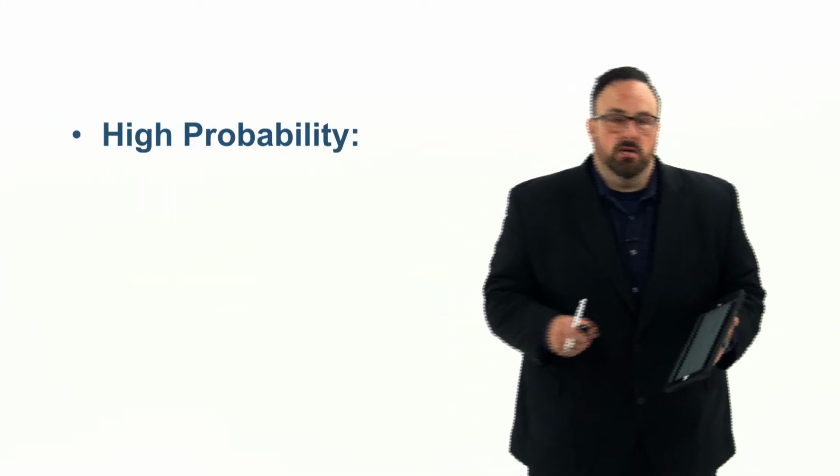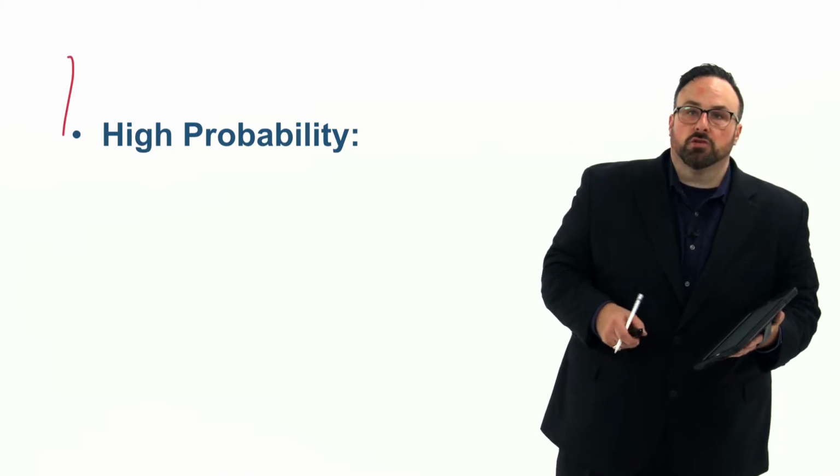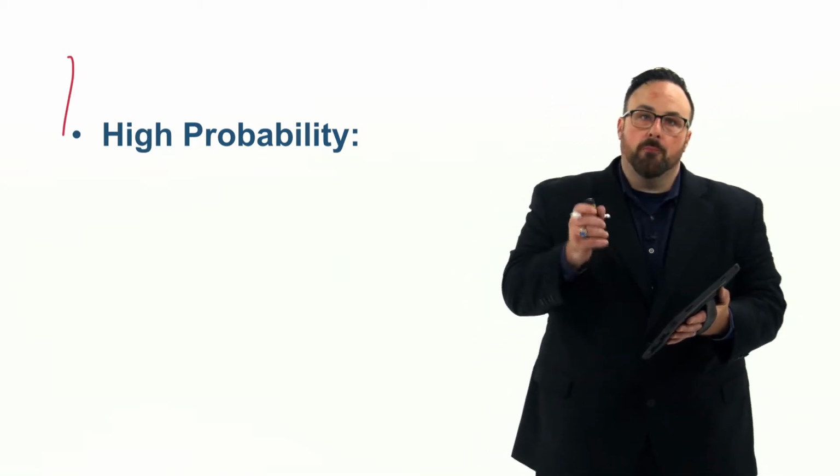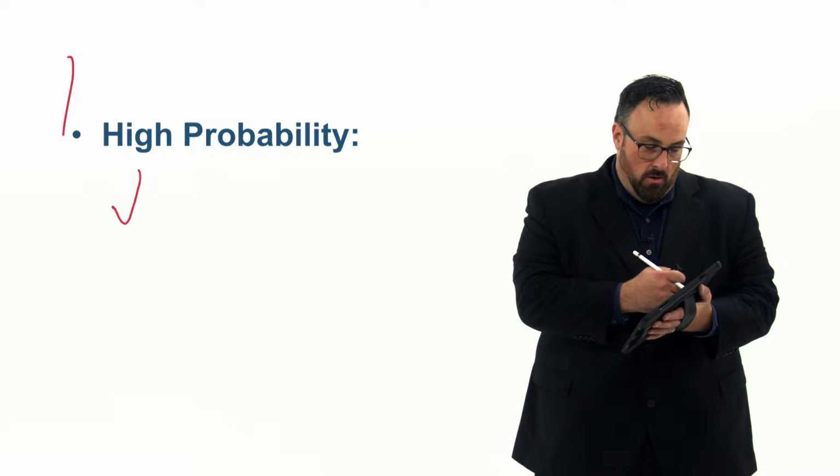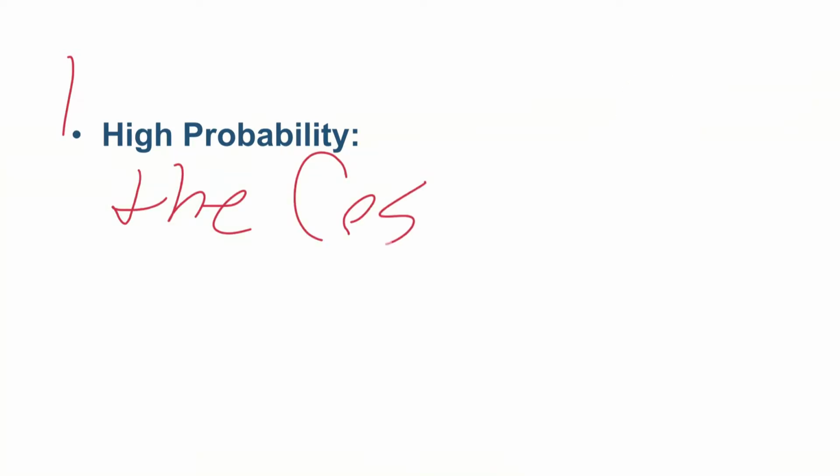The first is what's called high probability. High probability is where the costs can be estimated.